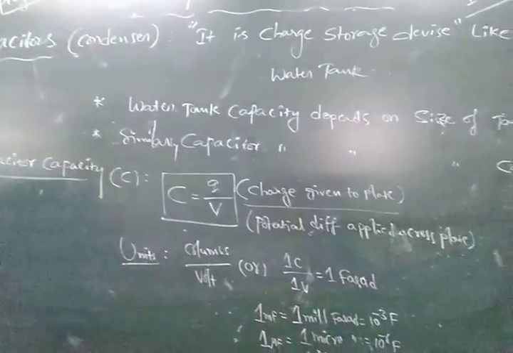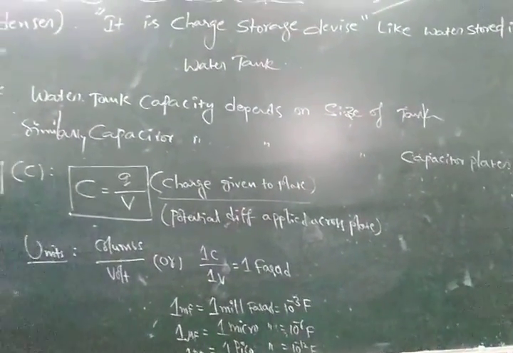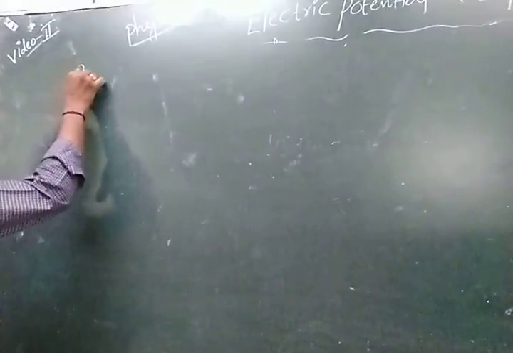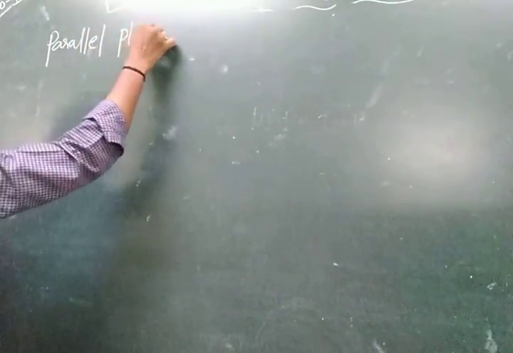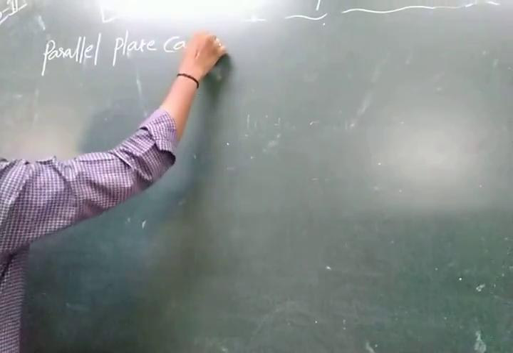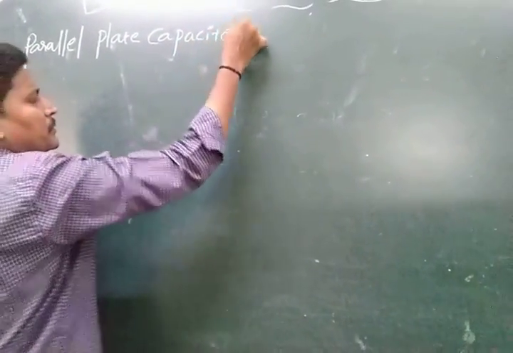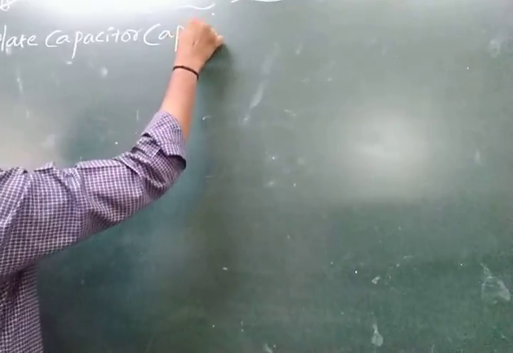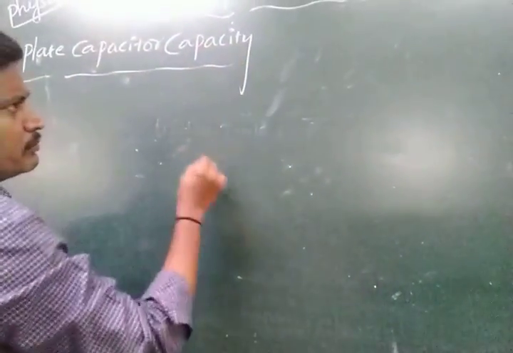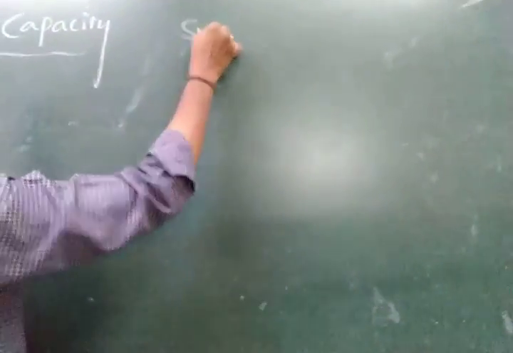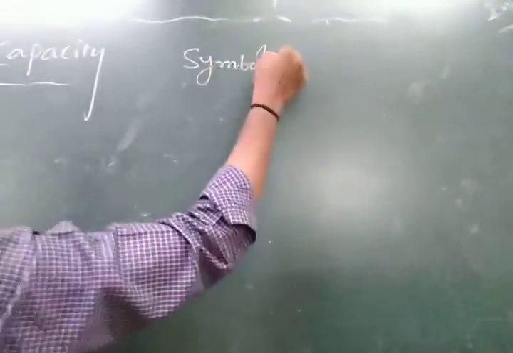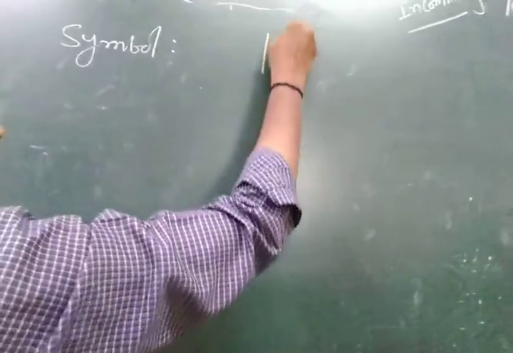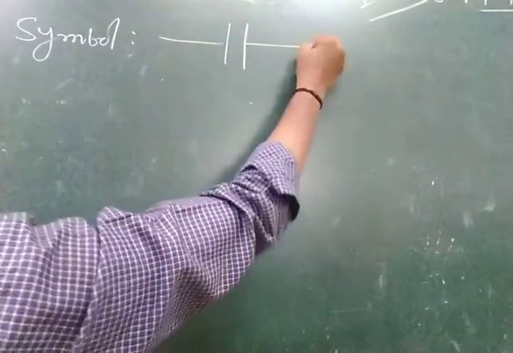Now, the parallel plate capacitor capacity. Generally, the symbolic representation of a capacitor is indicated with two parallel lines and side lines.